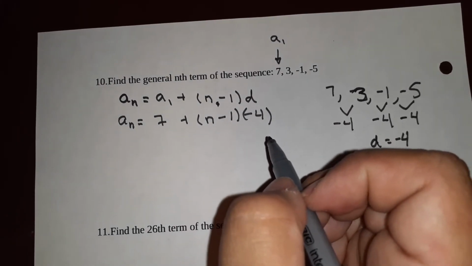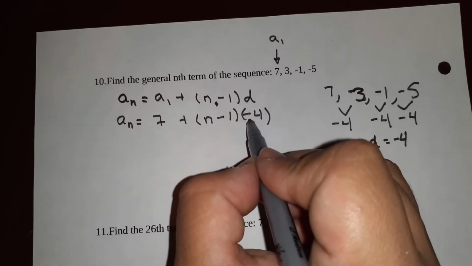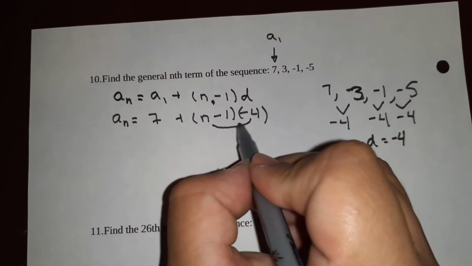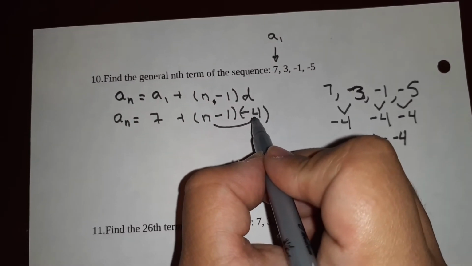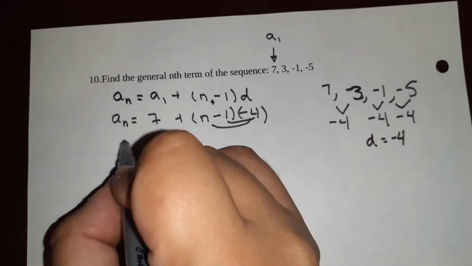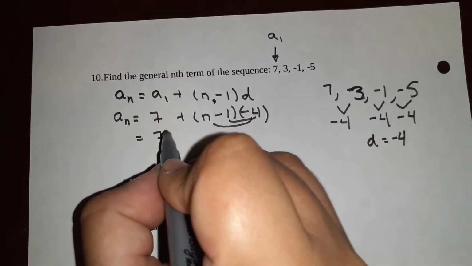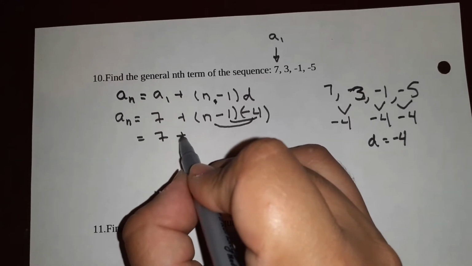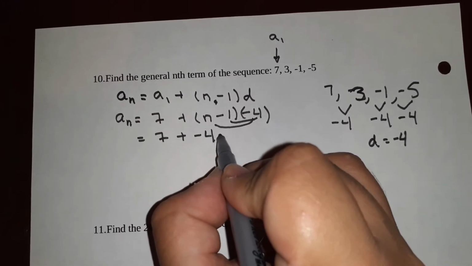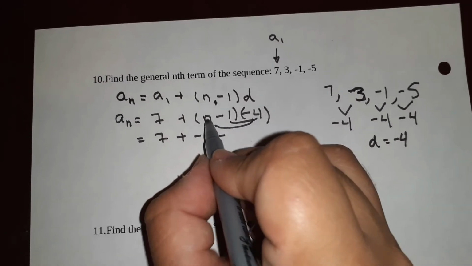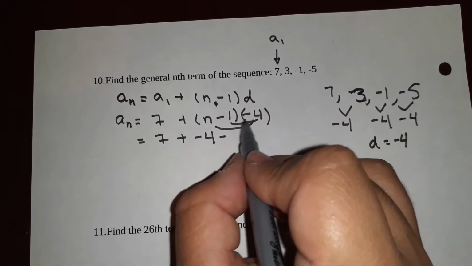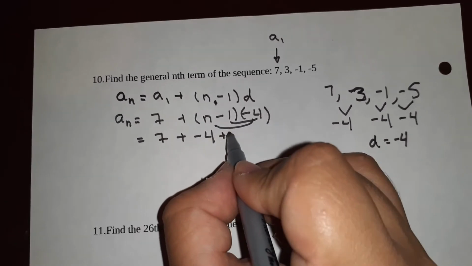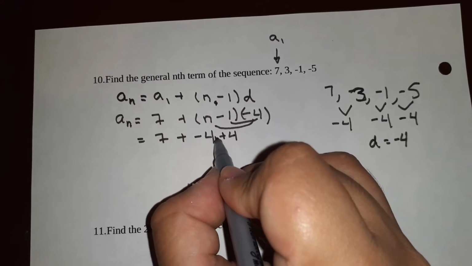And once I have that, all I'm going to do is just distribute my 4. So I'm going to get 7, oh, I shouldn't have put that plus. Negative 4 times n is negative 4n. Negative 4 times negative 1 is positive 4.